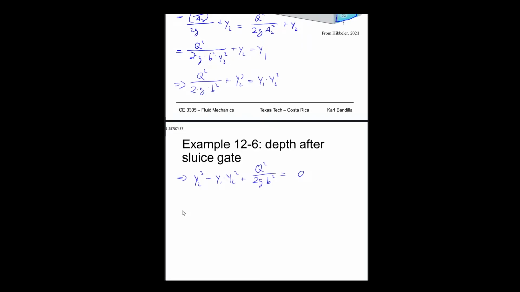And then we can plug in numbers. So that'd be y2 cubed minus 6 meters times y2 squared plus the flow rate, 60 cubic meters per second squared, divided by 2 times g times 4 meters squared, is equal to 0.